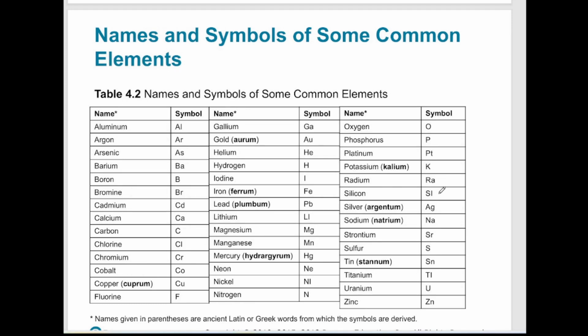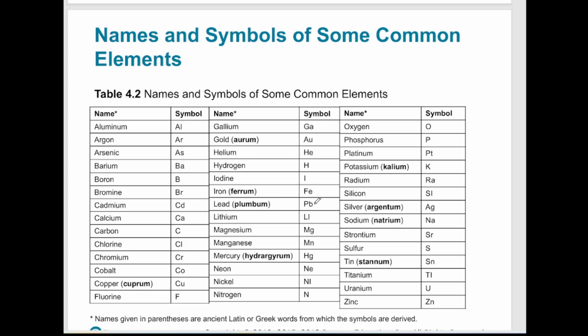A lot of elements' symbols come from their Latin names. For example, the Latin name for gold was aurum, and the symbol is Au. Iron was ferrum, and it's Fe. So ferrous means made of iron. Lead comes from plumbum, which stands for plumbing, because plumbing used to be made of lead when it wasn't known to be dangerous like we know now.